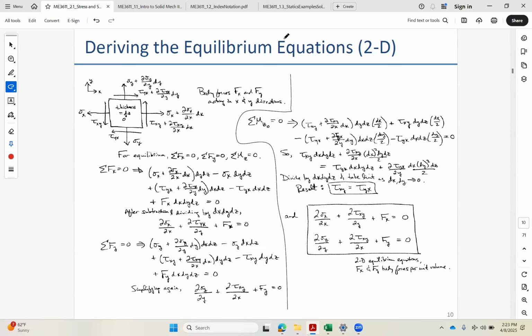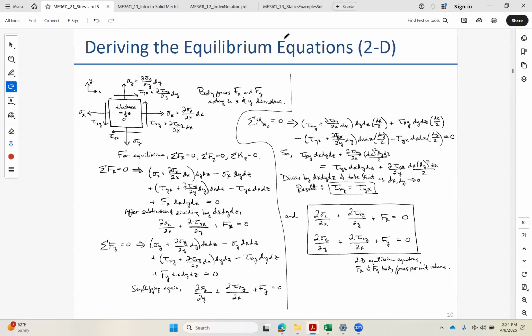And we see we can divide through by dx, dy, dz because all 3 of those show up in this spot and in this spot. And after we cancel off the sigma xx and the tau yx terms, we can divide on through.